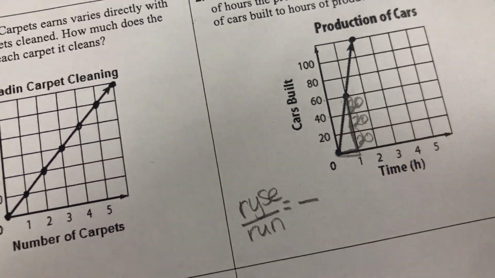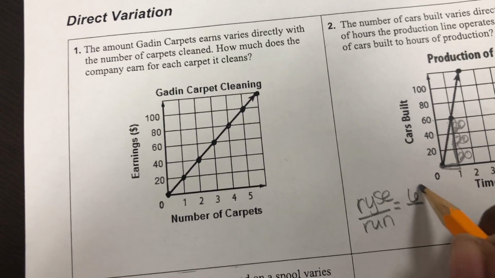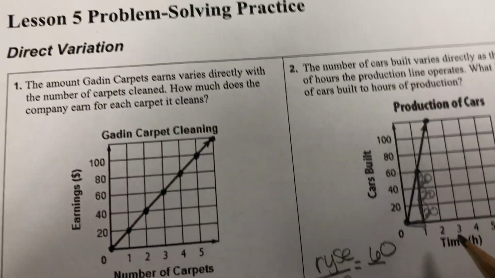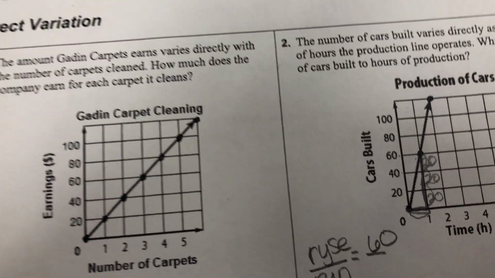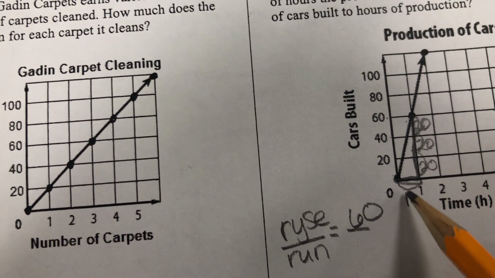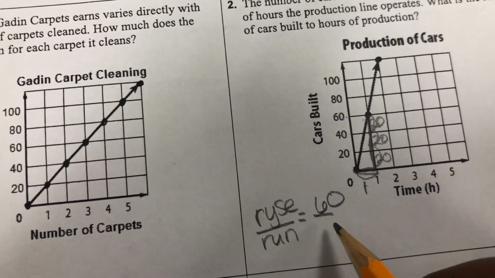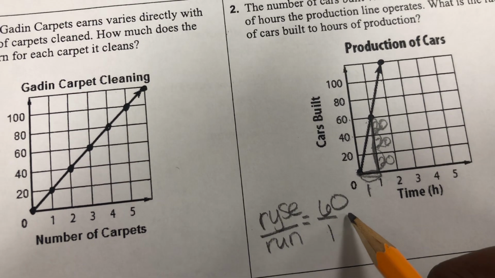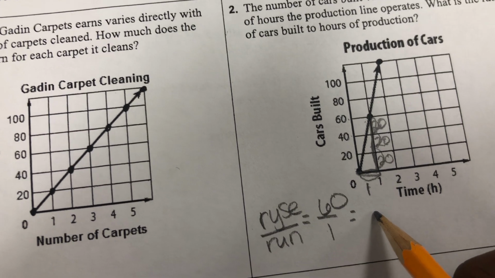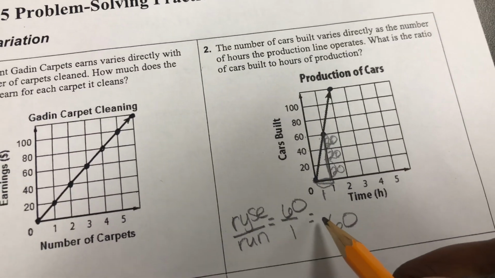That means that's 3 sets of 20, correct? Which is just 60. And then after that, how many boxes did you have to run? Just 1. And each of those jumps was just worth 1. So 60 over 1, which simplifies to 60. There's your answer.